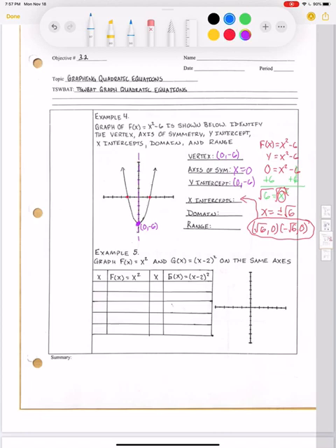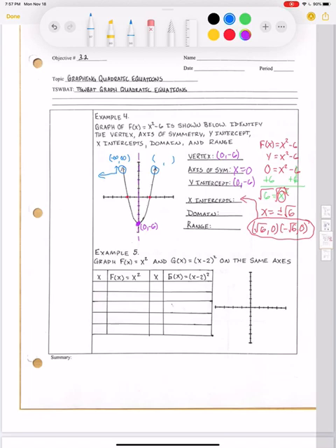Domain. Domain comes from the widest parts of the graph. The widest parts of the graph are these arrows. They have a coordinate point. The coordinate point for the left arrow is going to be (negative infinity, positive infinity), because this arrow is going to the left on the x-axis, which means it's negative, but it's also going up on the y-axis, so the y value has to be positive.